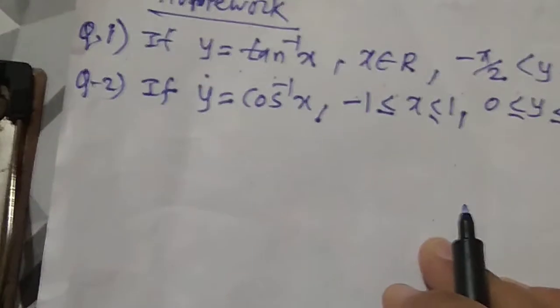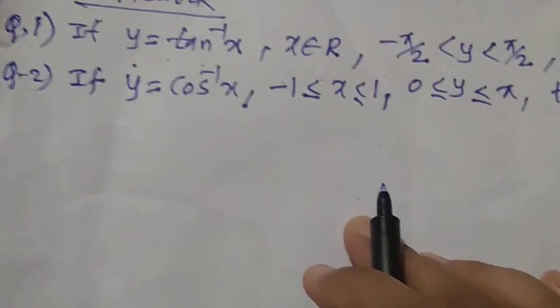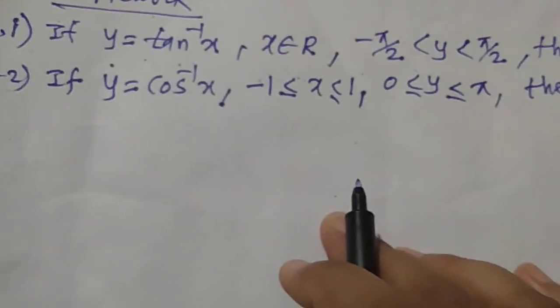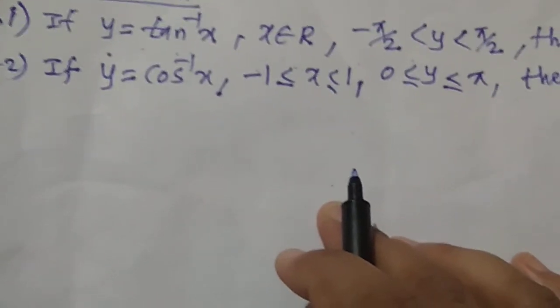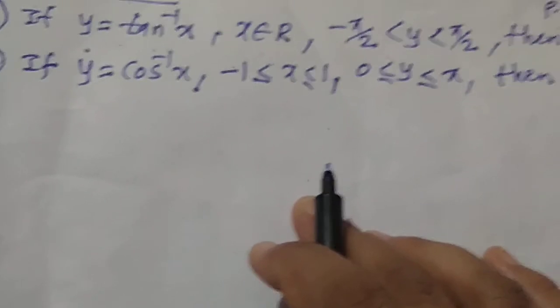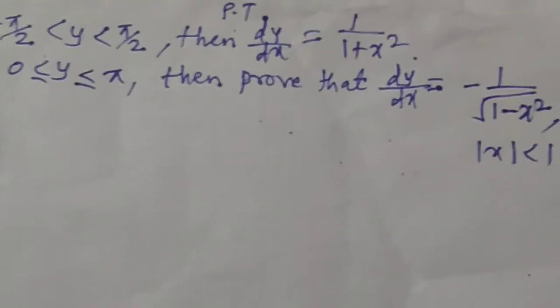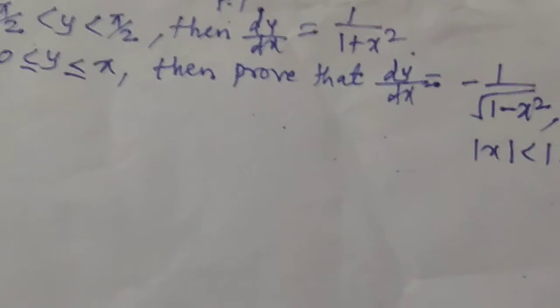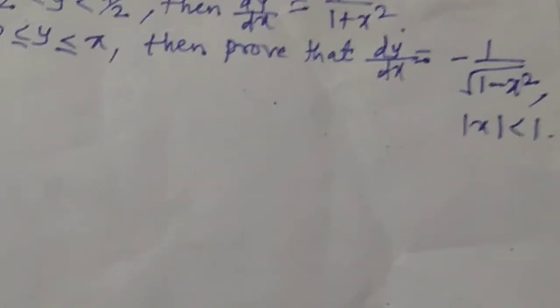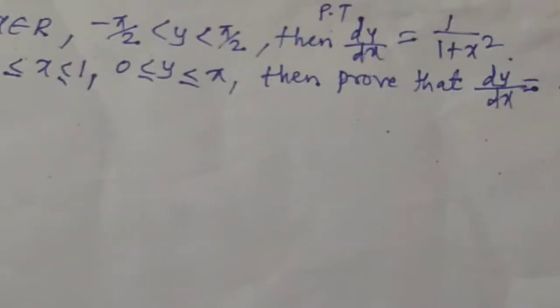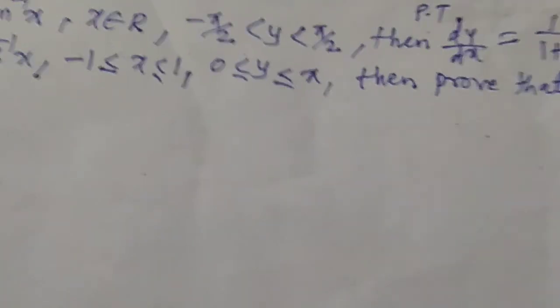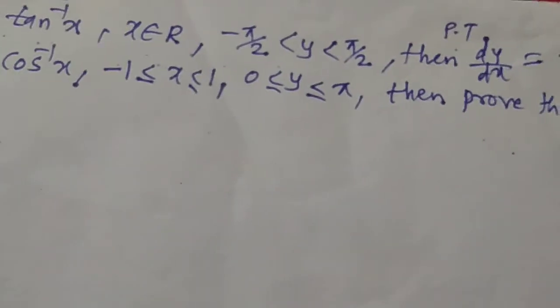Number 2, if y is equal to cos inverse x, minus 1 less than or equal to x less than or equal to 1, 0 less than or equal to y less than or equal to pi, then prove that dy by dx is equal to minus 1 upon root 1 minus x square, modulus of x less than 1. So these 2 examples you have to solve, or you have to find the derivative by using the derivative of inverse function.